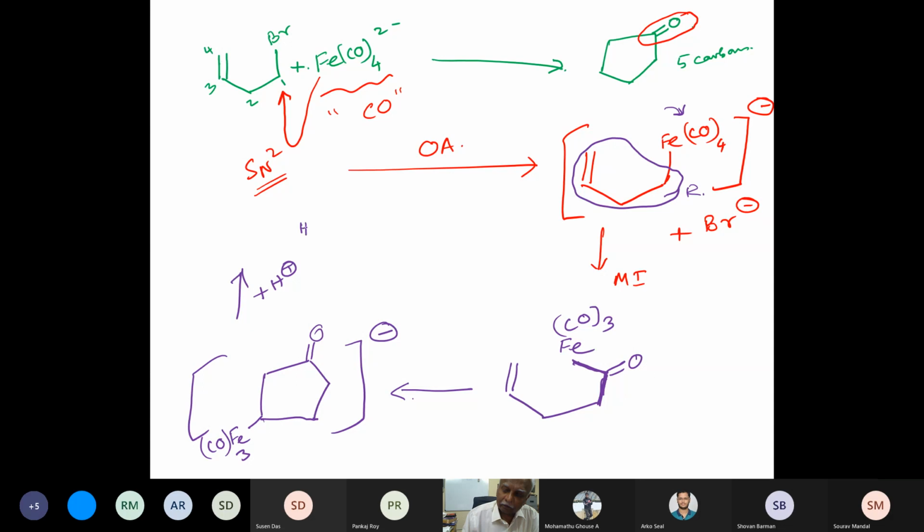Let me write it, HFe and then this species, which if I do a reductive elimination, I would end up with, this is not a catalytic cycle, so I don't have to write it like that. H reductive elimination will give me your product.